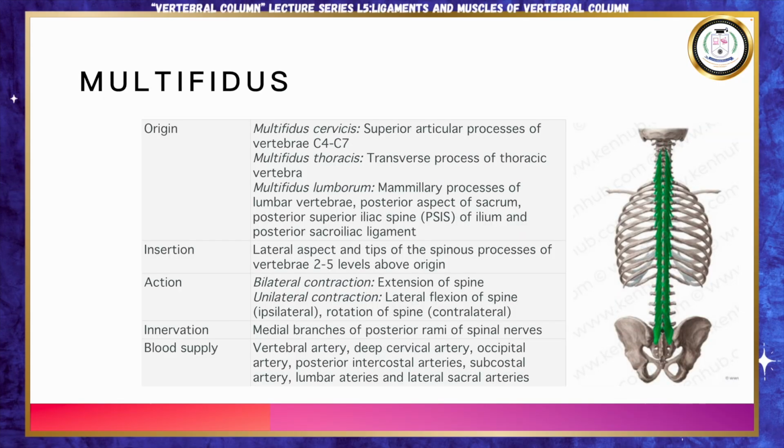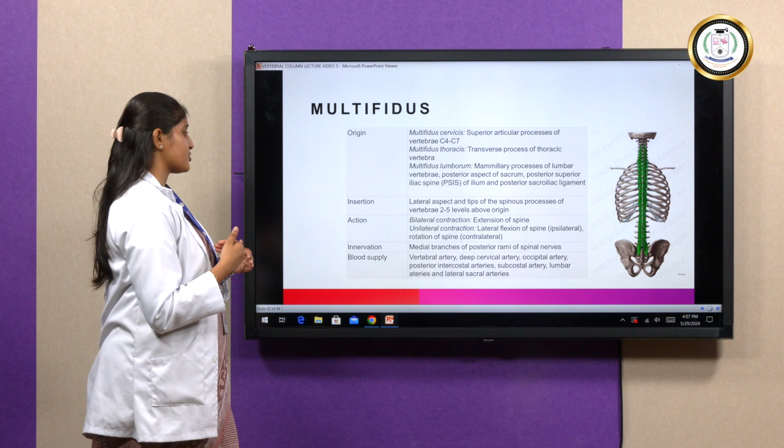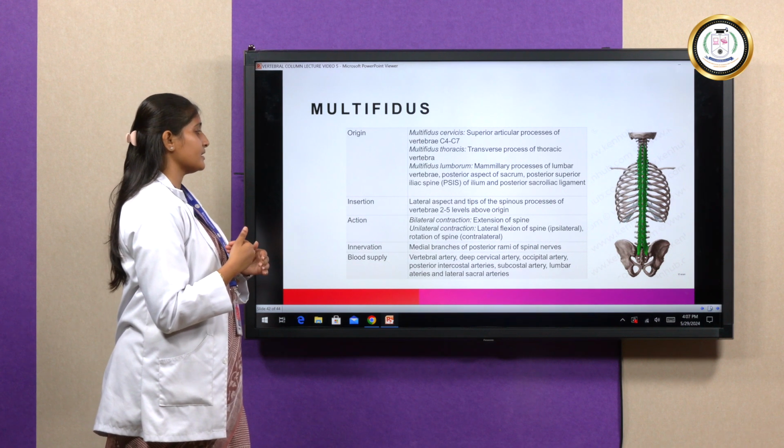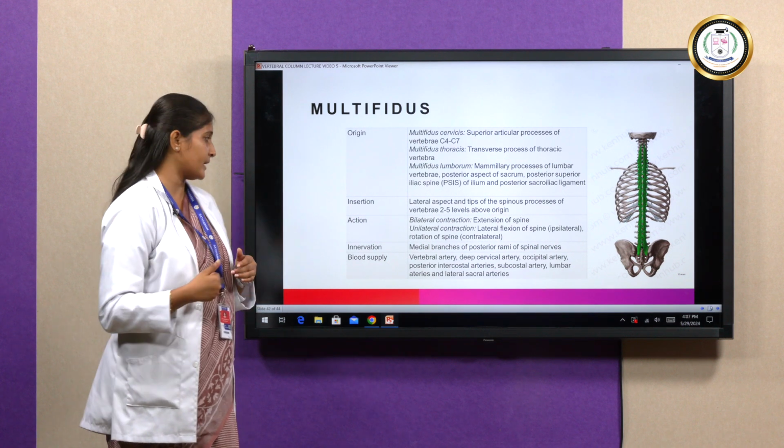It gets inserted over the lateral aspect and the tips of the spinous process of the vertebra, which is 2 to 5 levels above the origin. Innervation is from the medial branches of posterior rami of spinal nerve.